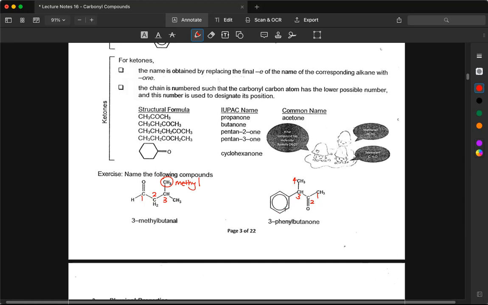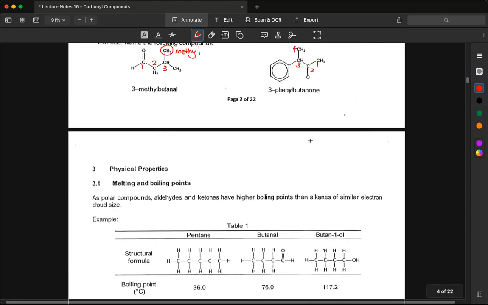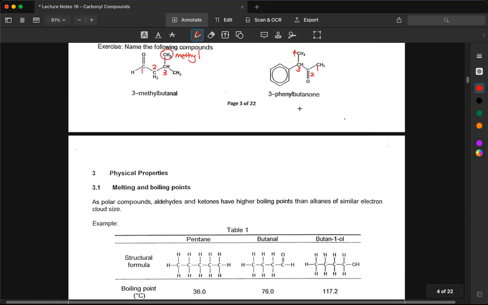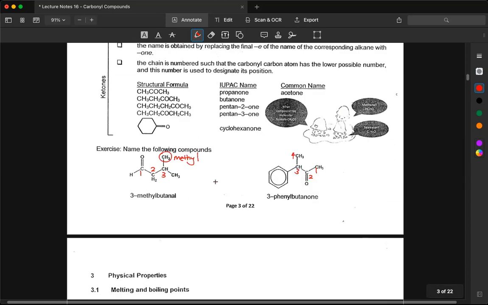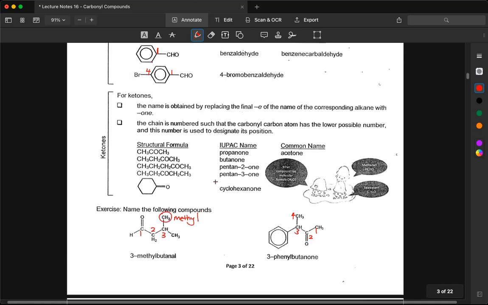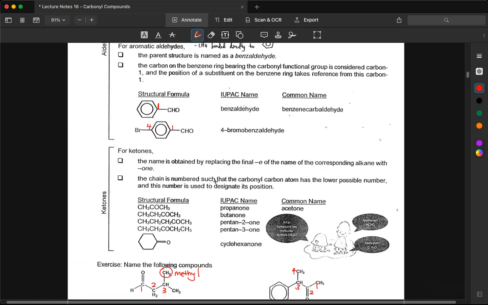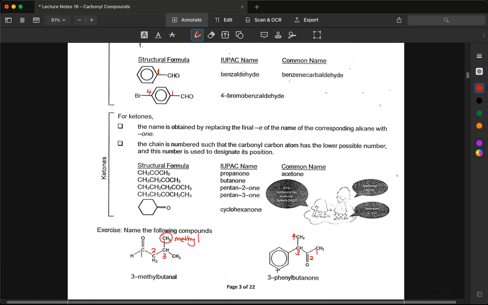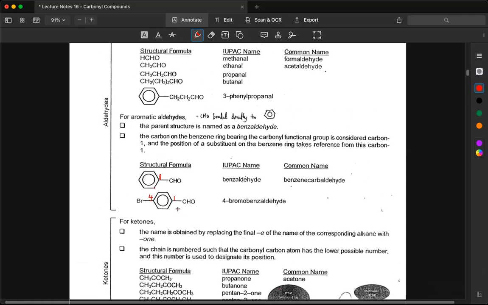We call it phenyl, 3-phenylbutanone. So these are the ways we name a ketone and aldehyde. So the benzene ring is a substituent in that case. But it really depends. If the CHO is directly bonded to the benzene, then the whole thing is benzaldehyde.